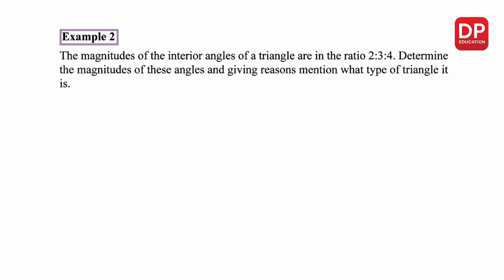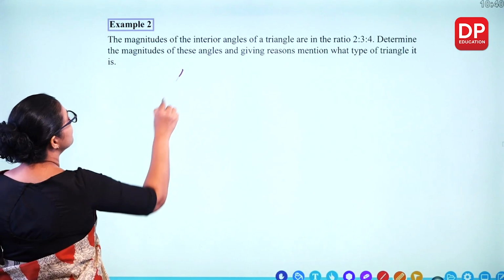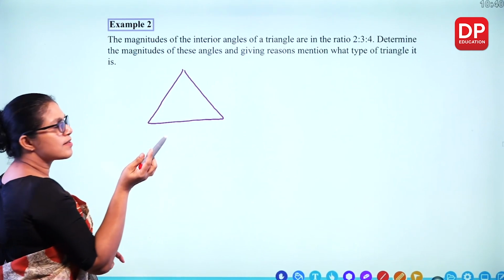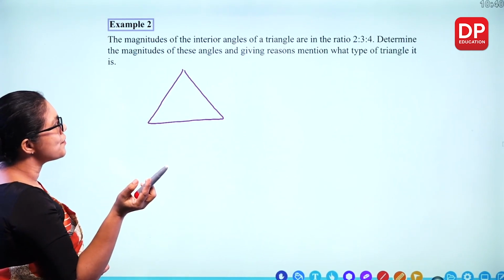Example number 2. The magnitudes of the interior angles of a triangle are in the ratio 2 to 3 to 4. Determine the magnitudes of these angles and, giving reasons, mention what type of triangle it is. In a triangle, with ratios, you can use x, or you can use fractions.